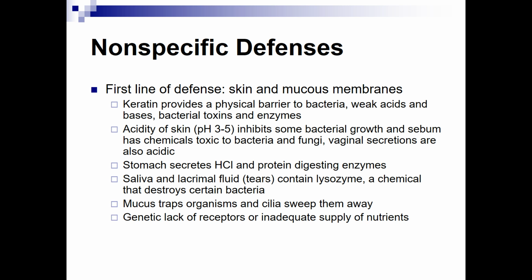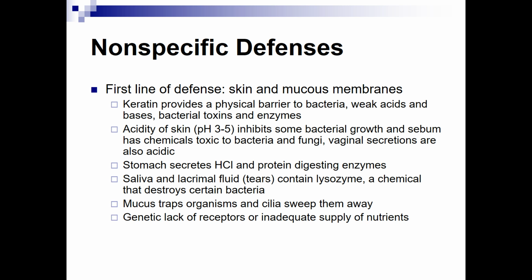So the first thing that we have, our first line of defense, are our skin and mucous membranes. So physically, we have multiple layers of skin. We have keratin as a part, if we're looking at the keratinized stratified squamous epithelium that we find in our skin, and then the mucous membranes on the inside are also stratified squamous epithelium but are not keratinized.